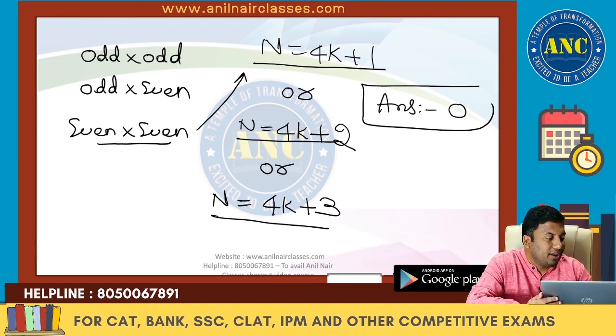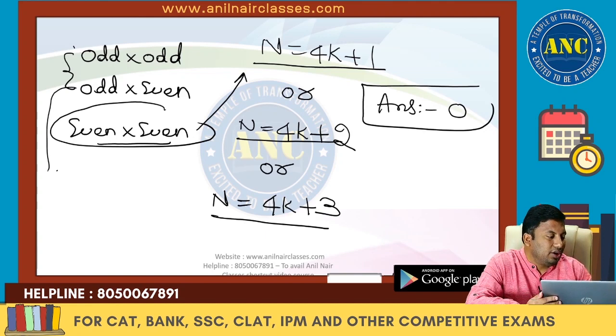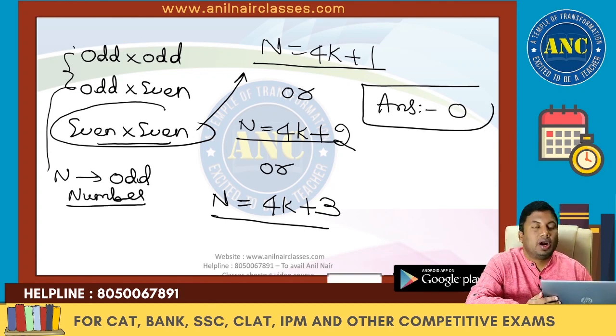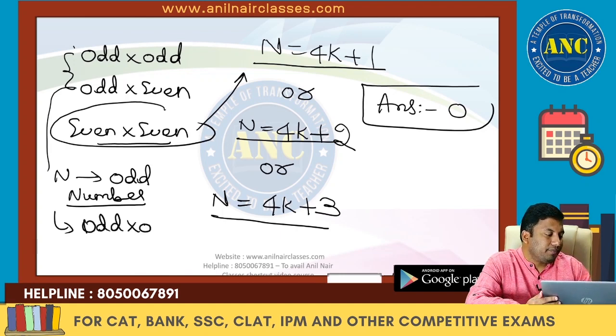For the odd into even case, if the number is an odd number, decompose the number as a product of odd into odd.